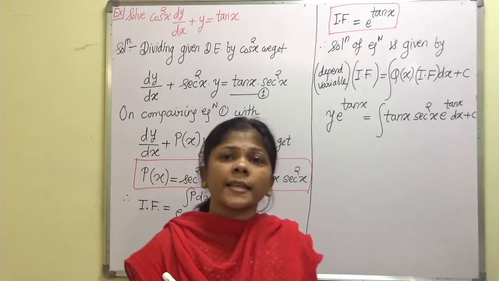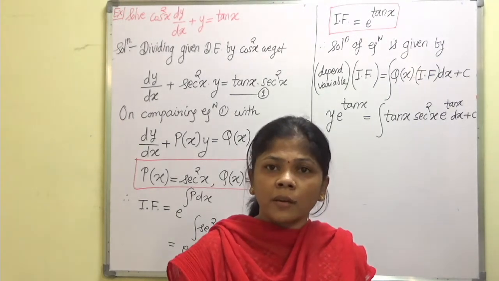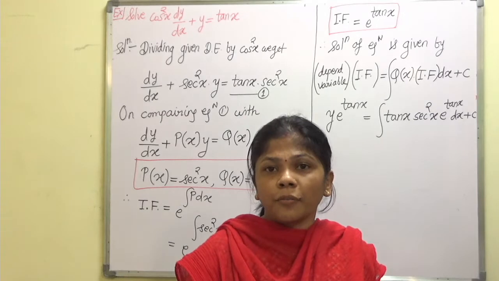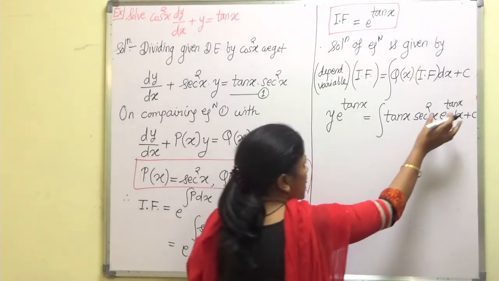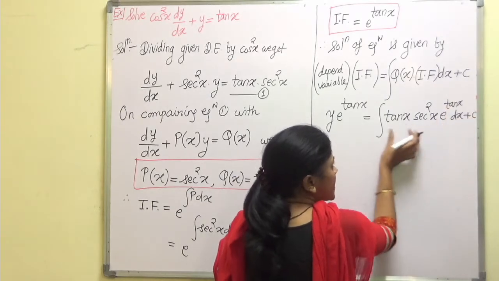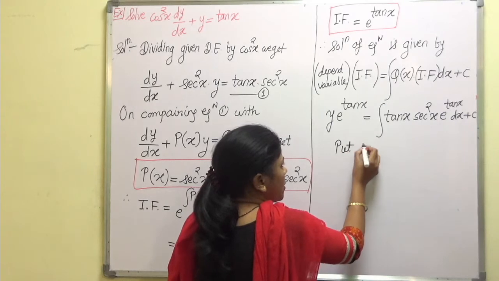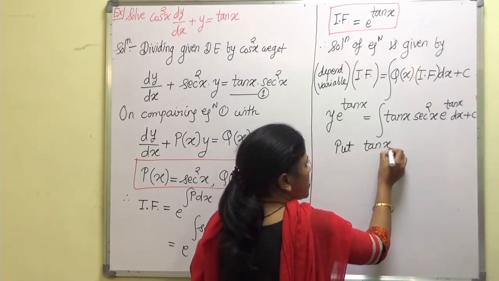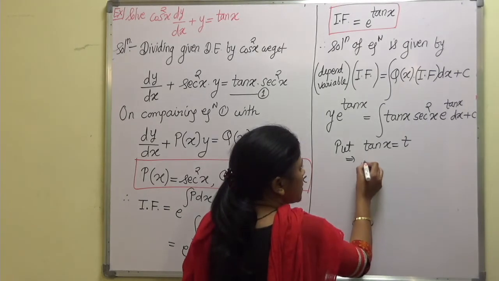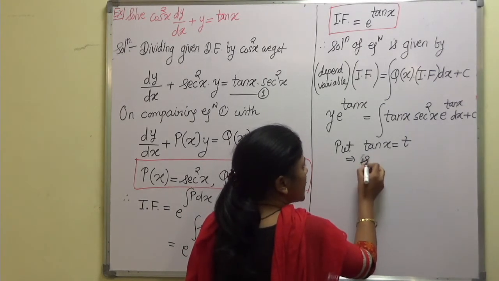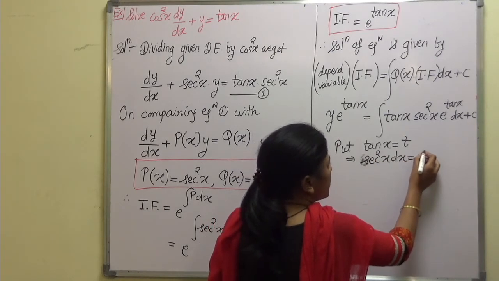Now the question is how to integrate this. This is the reason why you should know integration, then only you can deal with examples of differential equations. See here, we find e raised to power tan x, here also tan x. So we will use a substitution. Put tan x equal to, say, t. Differentiating, the derivative of tan x gives sec square x dx is equal to dt.